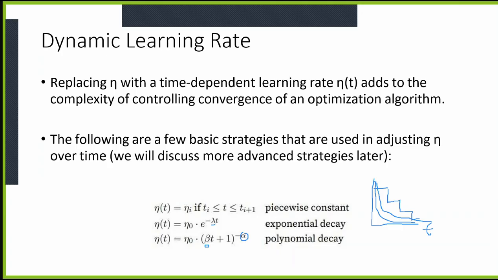So how long into the training would we like to start decaying the learning rate? In the exponential decay, that is just the lambda multiplied to the time step directly, but in the polynomial decay, we have another hyperparameter, beta, to control that factor.